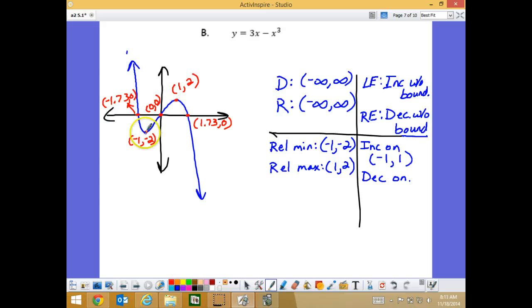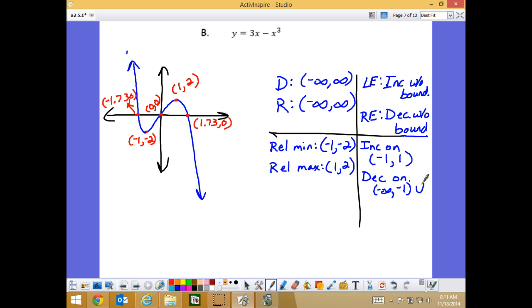So it is increasing on the interval from -1 to 1. And then finally, decreasing. It's decreasing from here to here. It's going down as we go to the right. So it's decreasing on -infinity to -1.